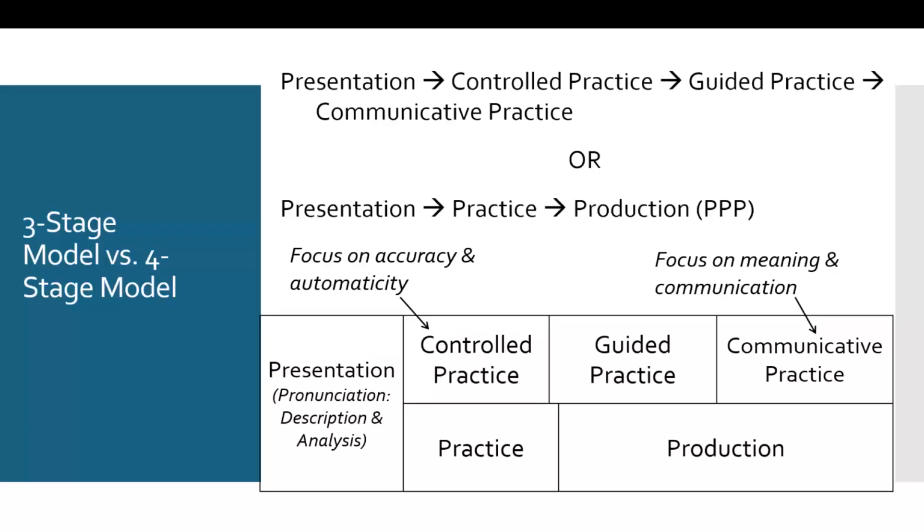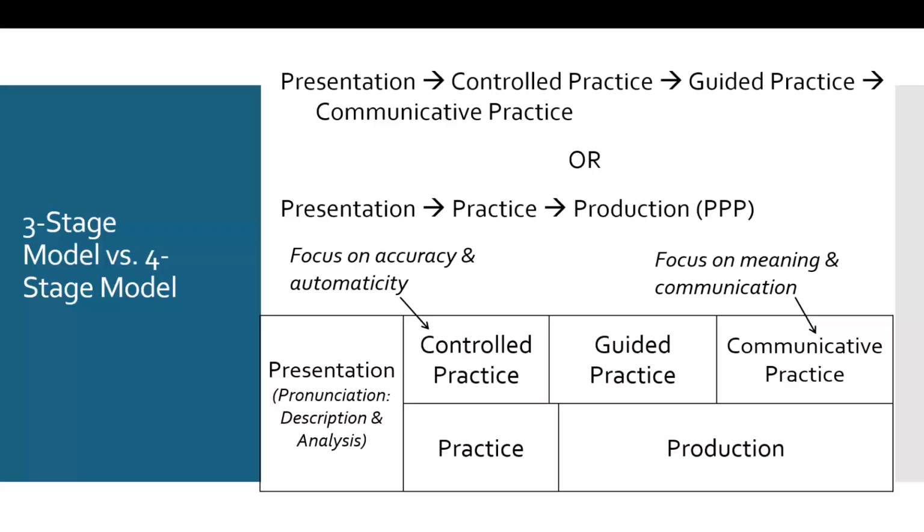The controlled practice focuses on accuracy and automaticity. The communicative practice focuses on meaning and communication, and guided practice is sort of moving from the bigger focus on accuracy and automaticity towards more of a focus on the meaning and communication. So it's a transitionary stage. But the guided and communicative practice really make up two parts of production.